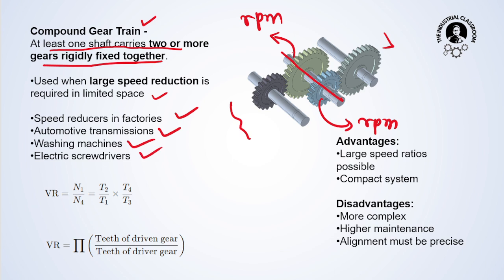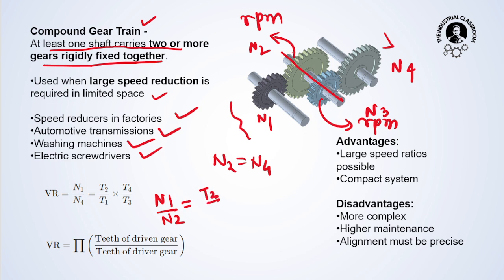Here you can see that if the RPM of the first gear is N1, the second is N2, the third gear is N3 and the fourth gear is N4. To take out the velocity ratio, we know that N1 by N2 is equal to T2 by T1.